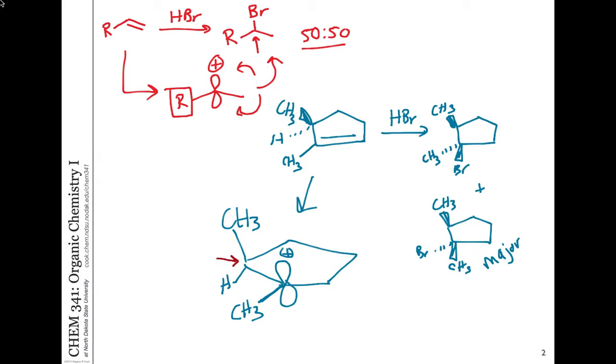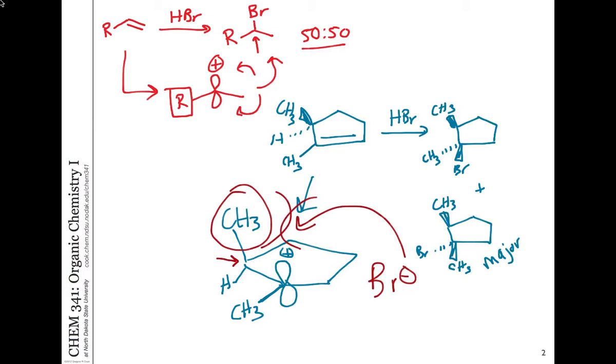The closer it is, the more you make the top crowded, the harder it is for the bromide to come in from the top. It's being crowded. It can more easily come from the bottom. So you have two competing paths, and now you've generated more of the reaction where the bromine comes from the bottom. That's how a stereocenter in the molecule can affect the generation of a new stereocenter.